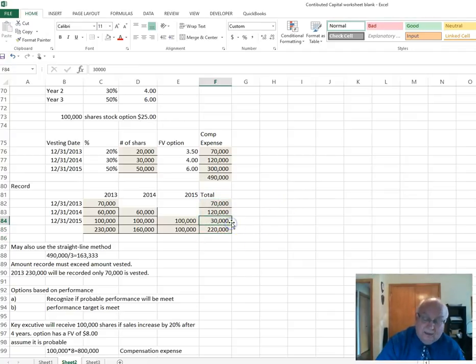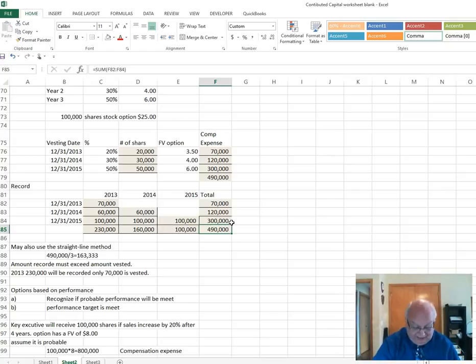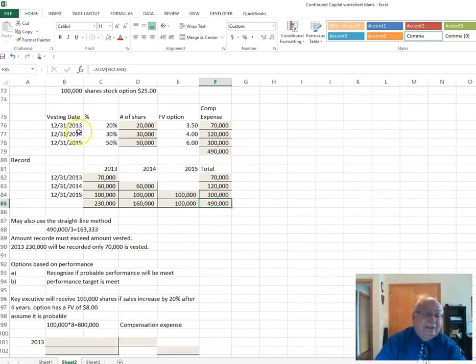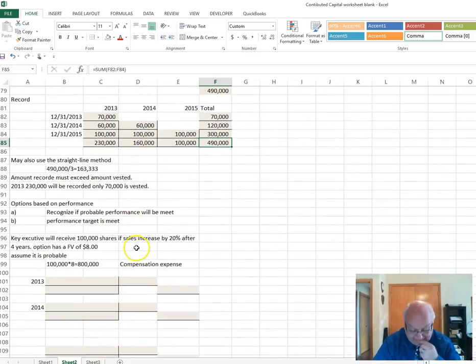Oh, I think we had this one in right. $300,000, $490,000. Okay. Then we also use a straight line. $490,000 divided by 3 is $163.33, as long as this one exceeds any one in the given year. Well, that one's only $70,000 that first year, so okay, it's okay.